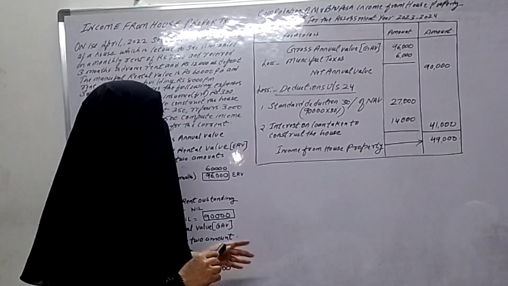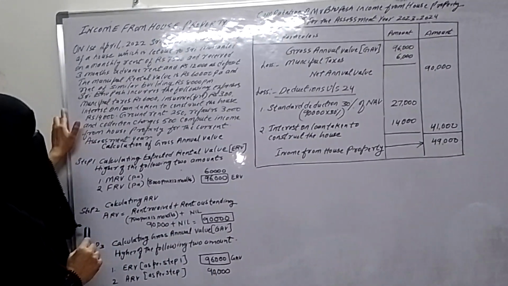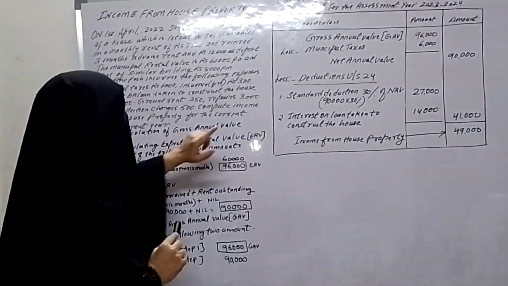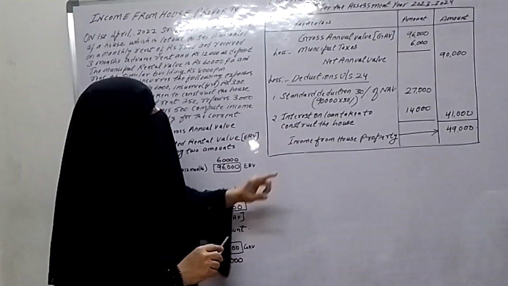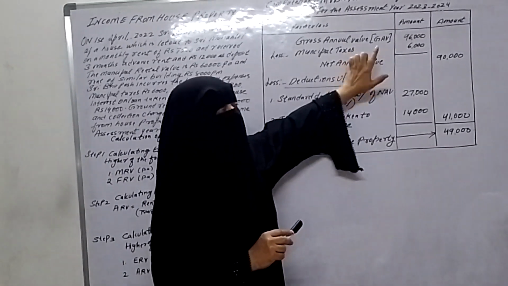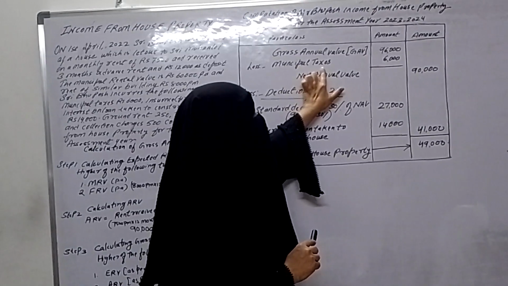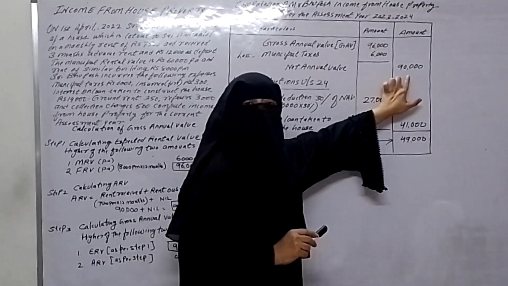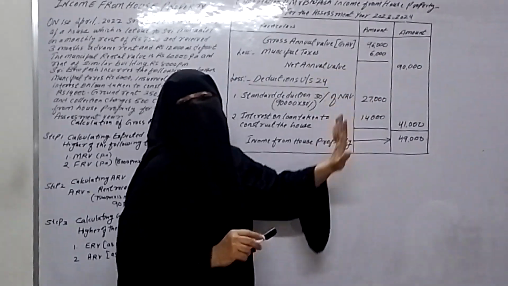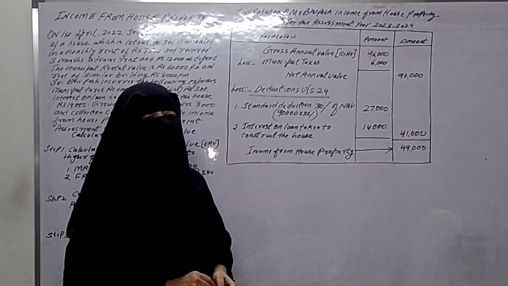So in this question clearly it is given, the municipal taxes is 6,000 paid by Mr. Bhupesh. So municipal taxes is allowed for deduction. So 96,000 GAV, from that deduct the municipal taxes 6,000. 96,000 minus 6,000, 90,000 is the net annual value, NAV.